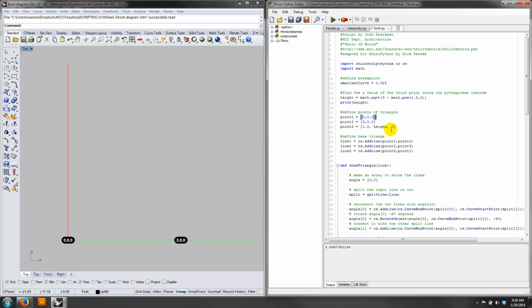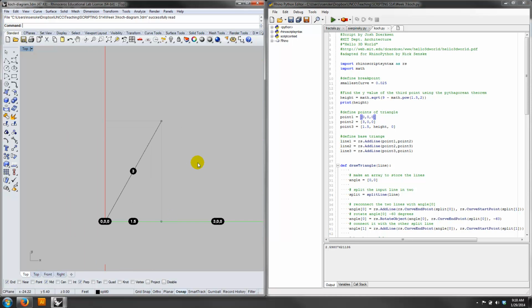And then the third point is the one that requires a little bit of math. We have to use the Pythagorean theorem, which says the square of the base and the square of the height is equal to the square of the hypotenuse. If we don't know what the height is, we can subtract the square of the base from the square of the hypotenuse, and if we take the square root of that, we will get the height.